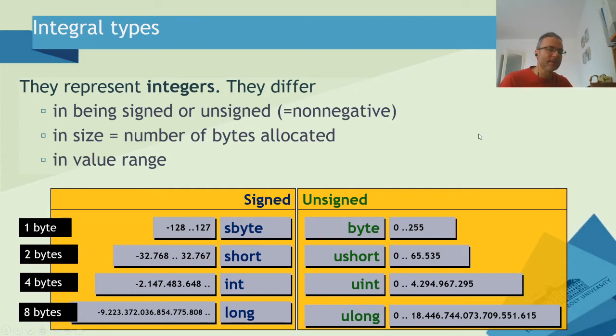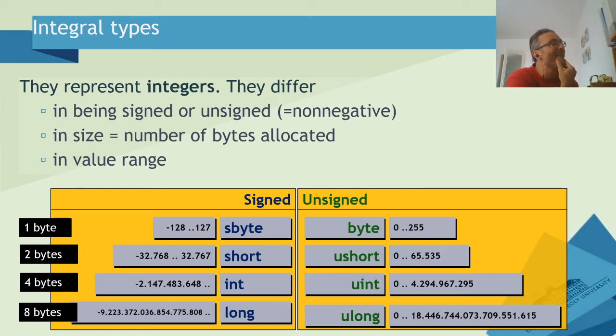This is the most basic integral type, but we have 7 more integral types in C#. Crazy, isn't it? So you should know what the difference between them is and when to use an int, or when to use a ulong, when to use an sbyte. This is what we are going to learn now.